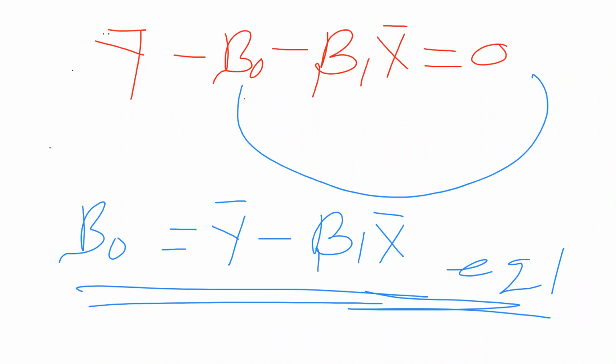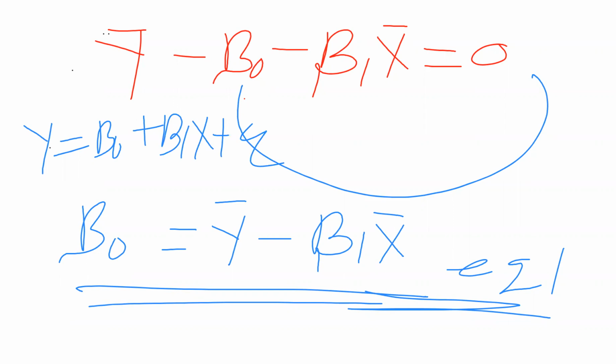For the fitted model, y is equal to beta naught plus beta 1 x plus the error. These are numbers, as I said in my introduction. So today we are showing you what formulas you use to get these numbers.